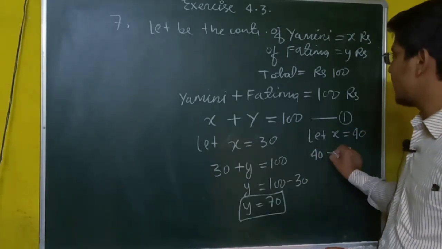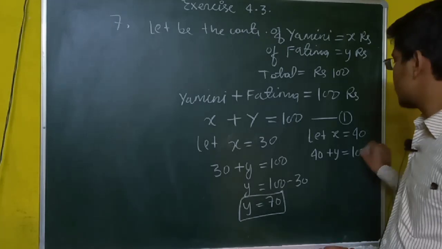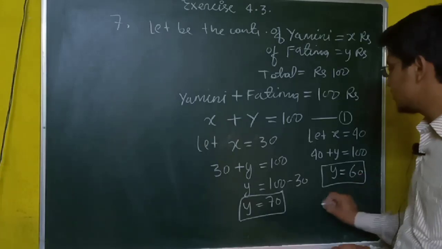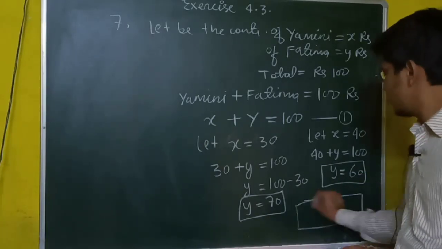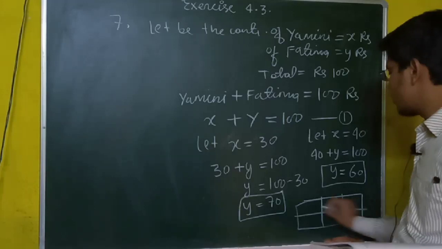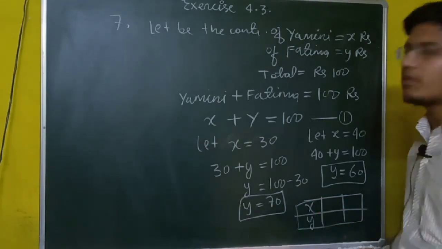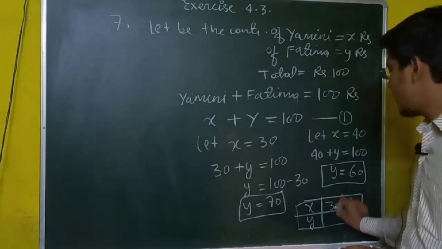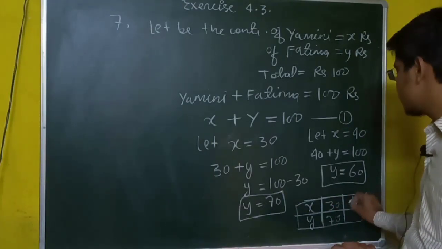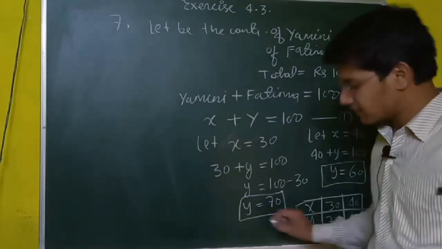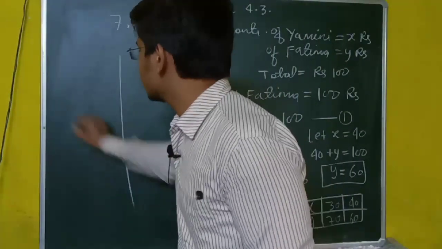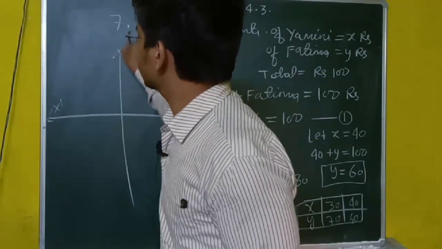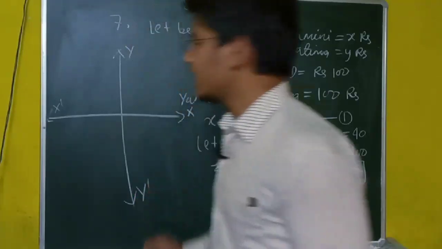So 40 plus y equals 100, y equals 60. Now we will draw the graph of this situation, x comma y. We have considered x as 30, so y came 70, then x as 40, so y came 60. After this we will draw the graph of this situation, x dash, y dash.